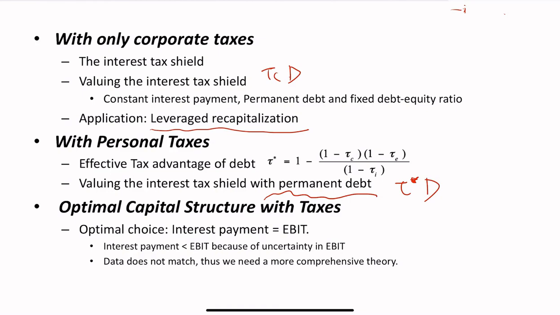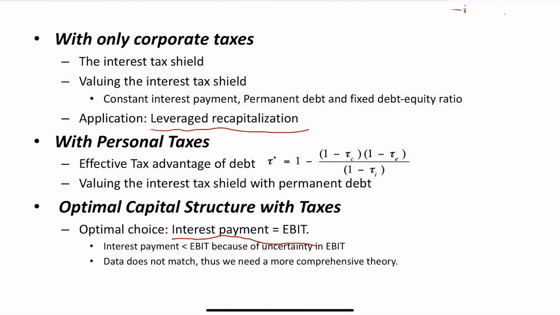And then we discussed the optimal capital structure with taxes. So our result is, ideally, you will want to make sure the interest payment equals EBIT, because under this result, you're maximizing your tax savings.